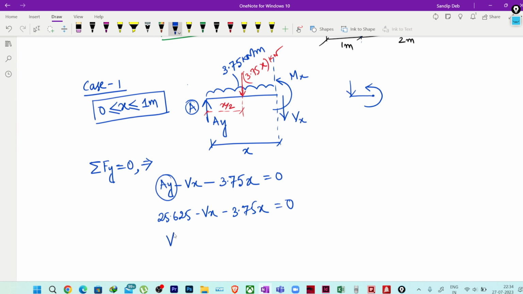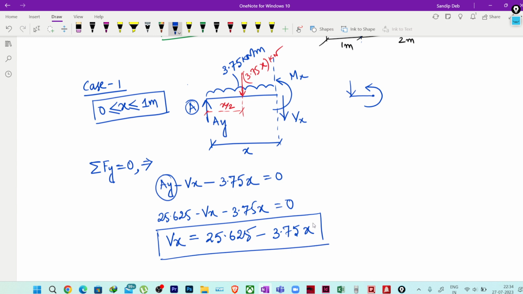Fine. So Vx equal to 25.625 minus 3.75 x, correct? So this is my one equation. Okay, this is in kilonewton.